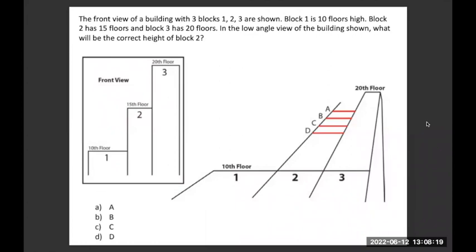In perspective, if you want to find the middle position, how do you do this? How do you find the midpoint in perspective drawing? Because block 2 is the middle point of height between block 1 and block 3. That's why.